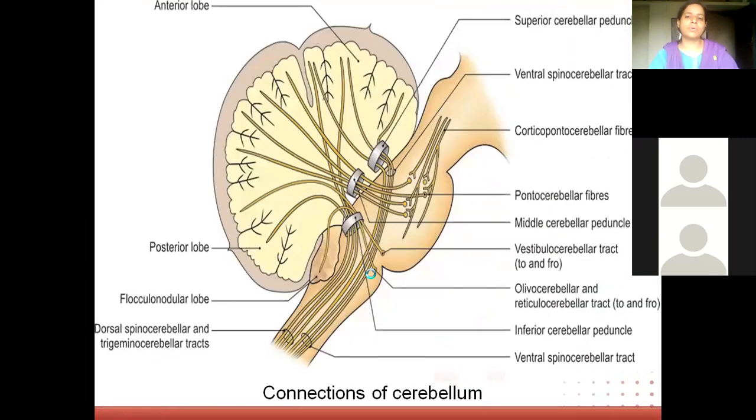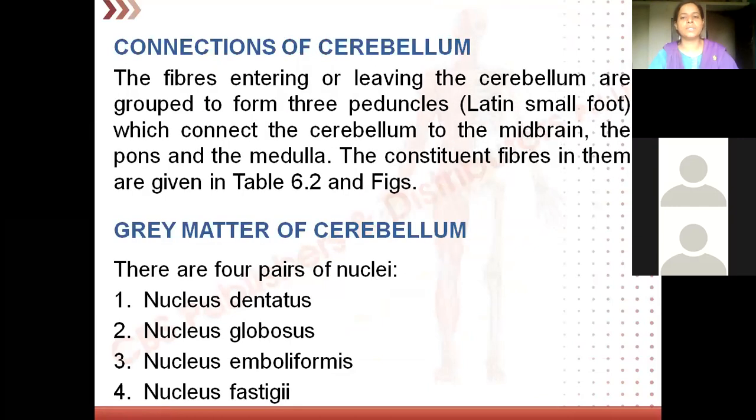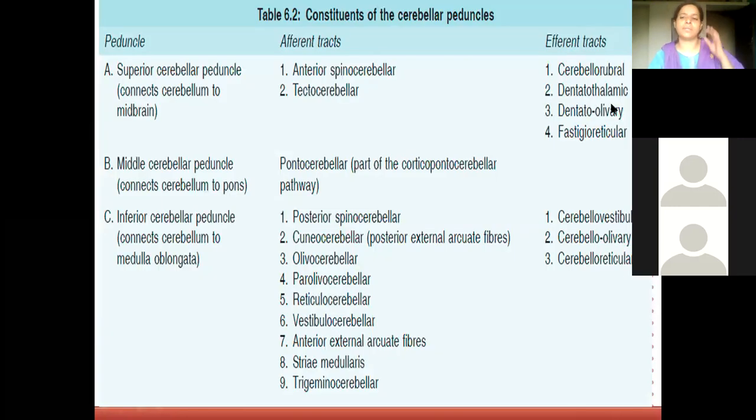Similarly, these are the nuclei we see in the white matter of the cerebellum. Here you will get a few words like dentatothalamic. That means from the dentate nucleus of the cerebellum to the thalamus, the tract is going. Dentato-olivary: dentate nucleus to the olivary nucleus of the medulla oblongata. Fastigial nucleus to the reticular formation of the brainstem. In the name itself you will have the meaning.